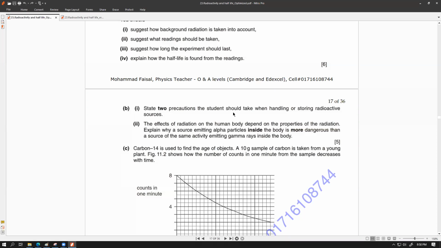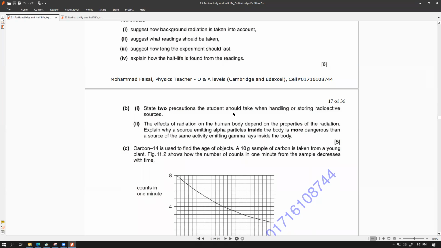Alpha particles cannot penetrate the skin, but once inside, they can ionize and cause formation of tumors and cancer. Yes, everything that you said is correct. Would anyone like to add anything else? Gamma rays are less ionizing and they can easily penetrate the body.